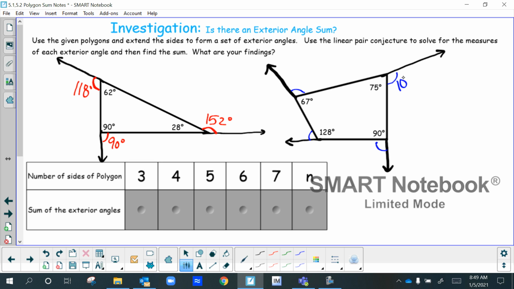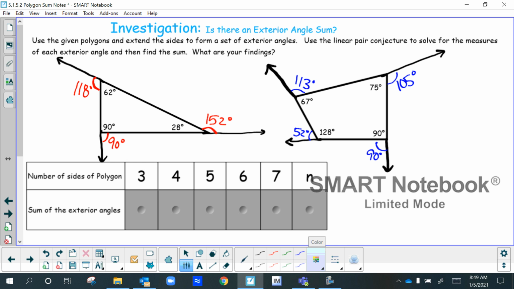This one would be 105, because remember they add up to 180. This one is 90. This one is 128, so that would be 52. Those add up to 180. And then this one over here would be 113.